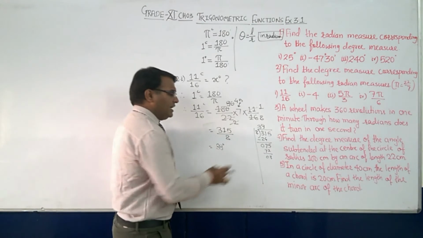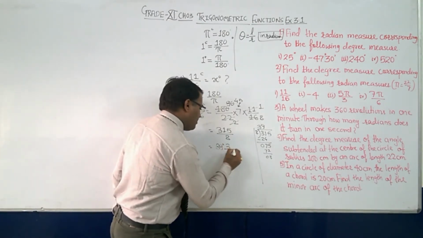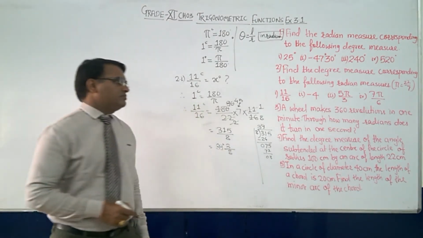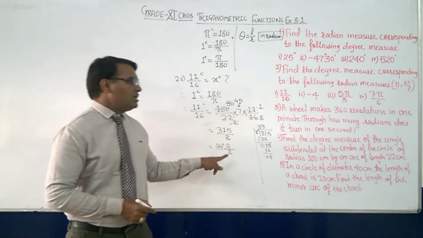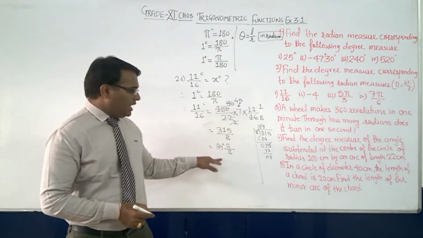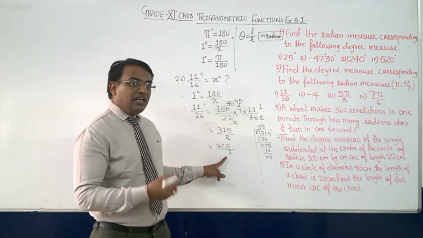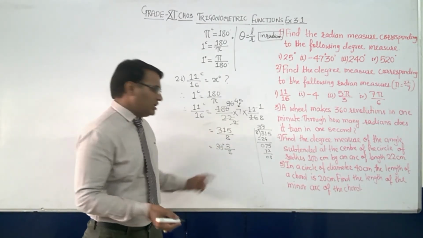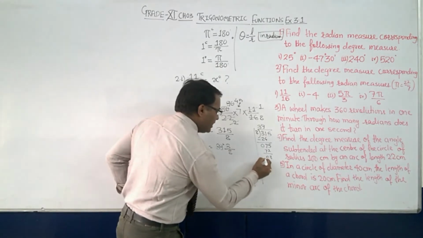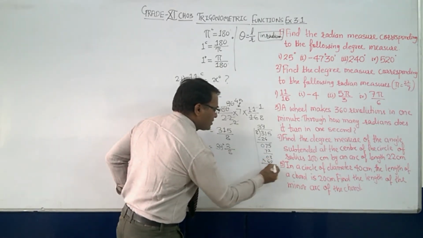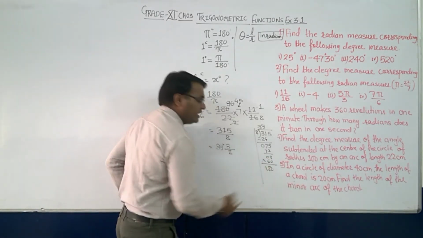Okay, 39 degrees. What is the remainder? 3 upon 8. Is that okay? 3 upon 8. Again you can go further, because if you convert 3 by 8 degrees into minutes, it will be multiplied by 60. Then it will become 180.